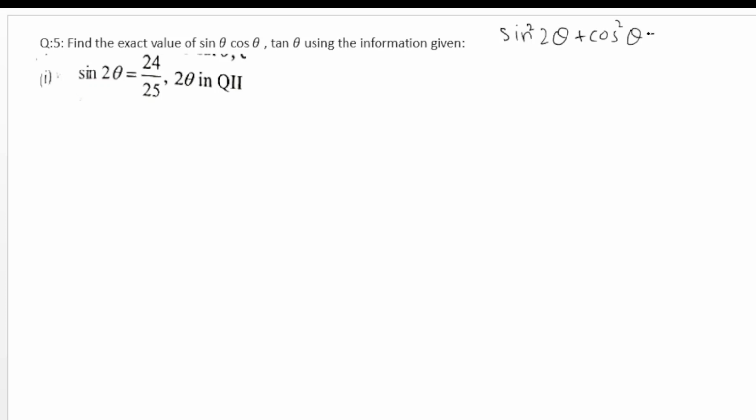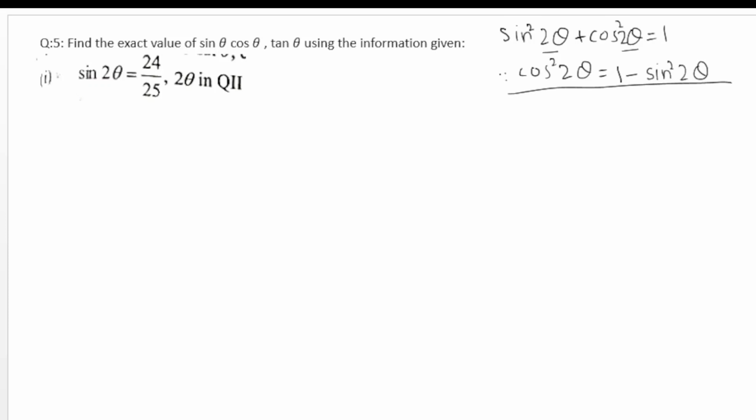We can put it like this because both angles are the same, here 2 theta and here 2 theta, so that must be equal to 1. But here we have to find cos square 2 theta, so cos square 2 theta is equal to 1 minus sine square 2 theta. This formula we first apply over here.